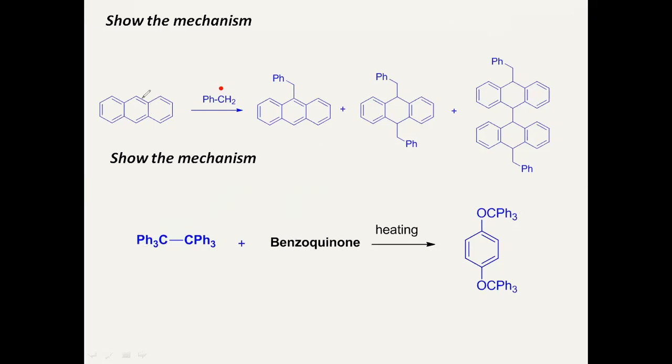Similarly, for this also, this radical will break this homolytically and attachment takes place here like this. Fine. And then this electron and again this one break, this electron will form a bond here and one more phenyl will come and attach here so you can get this compound. Fine.